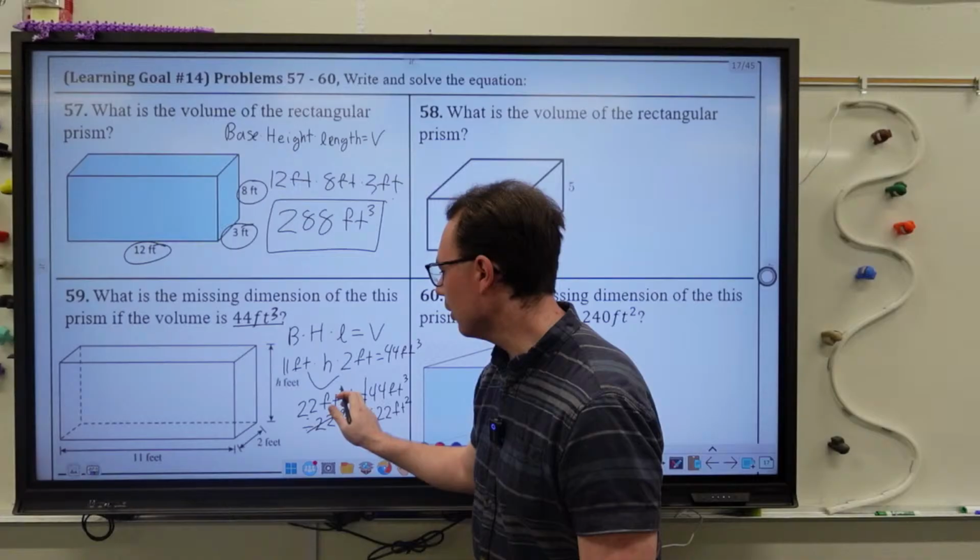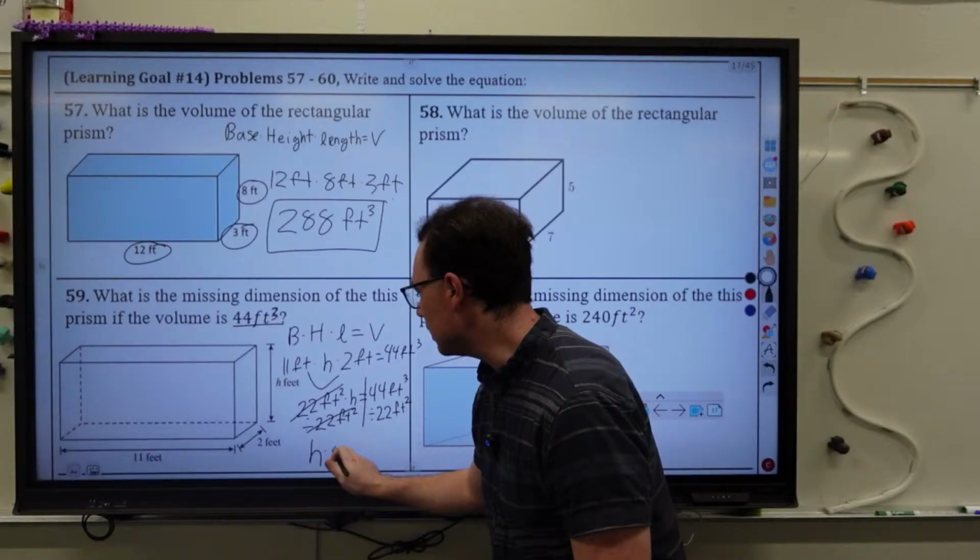That covers our area for parallelograms, triangles, and volume. We're now moving on to learning goal 15. We want to deal with inequalities. For these inequalities, we want to determine which value is greater or less than. For question C1, we want to say that -6 is less than -5. As a reminder on why, we draw a number line and place -10 here and +10 here.